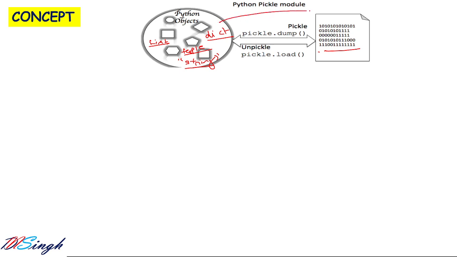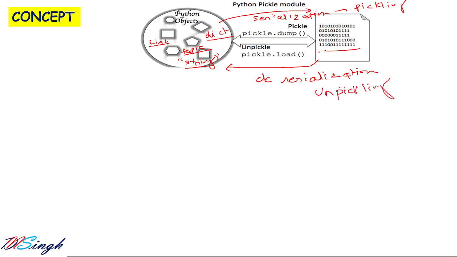While your object is written to the memory or inside the file, that is called serialization, or getting the object back from memory to your program, that process is called deserialization. That is also known by another name: pickling and unpickling.